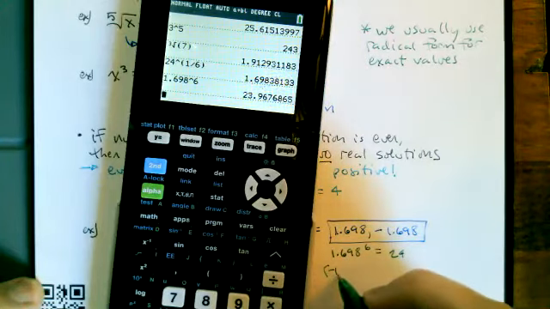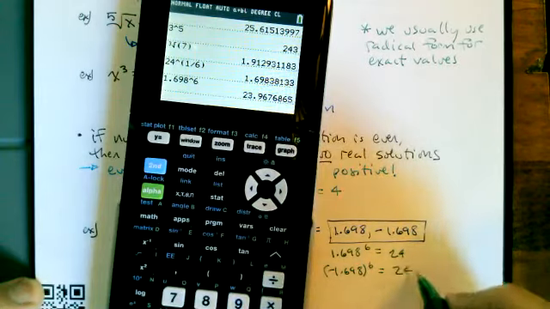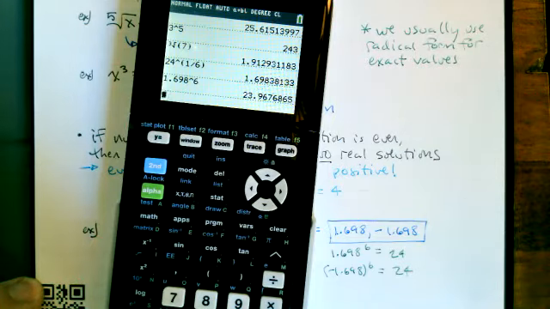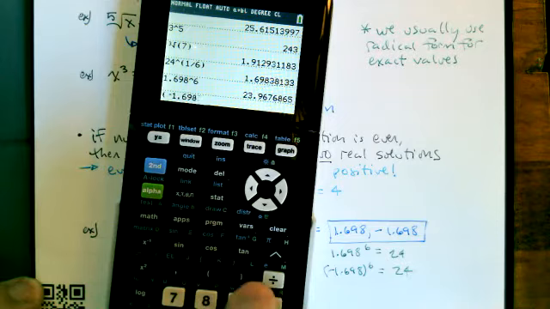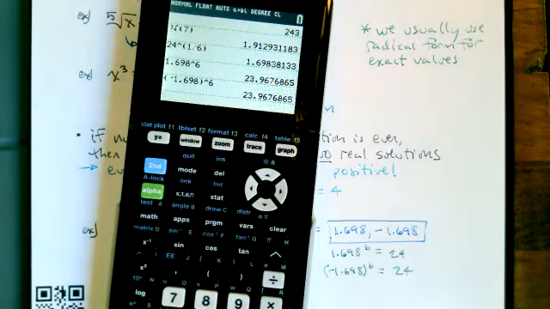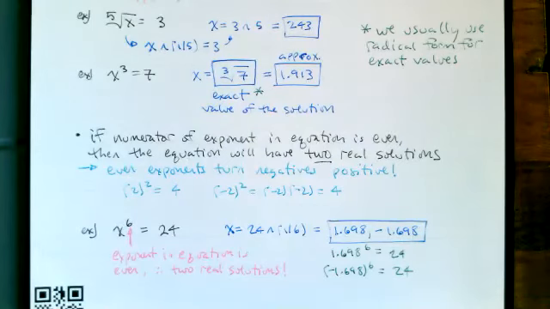And if we take negative 1.698 to the 6th power, we'll get 24 as well, because we're raising a negative number to a 6th power, an even power. So the even power will make the negative positive. So if the numerator of the exponent in the equation is even, then the equation will have two real solutions.